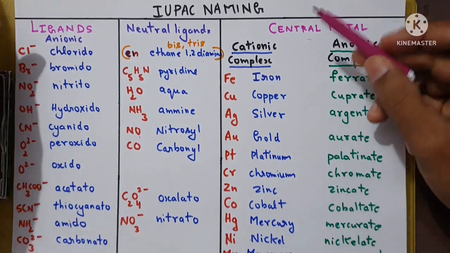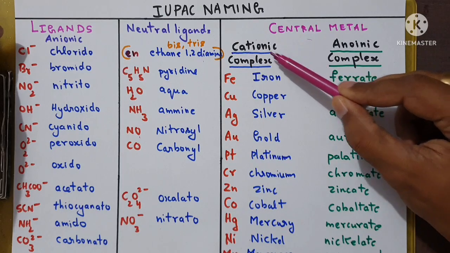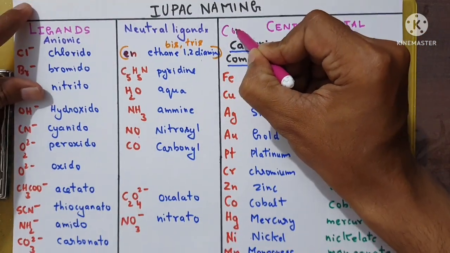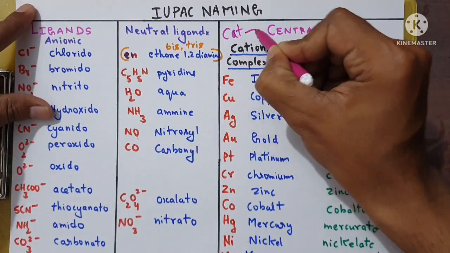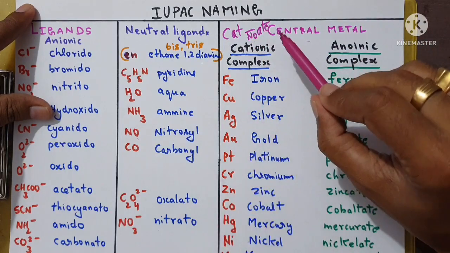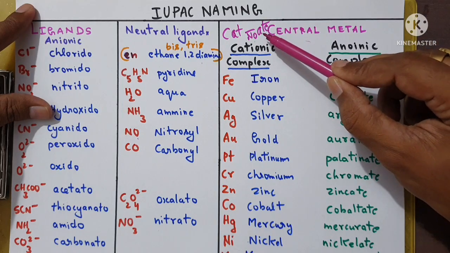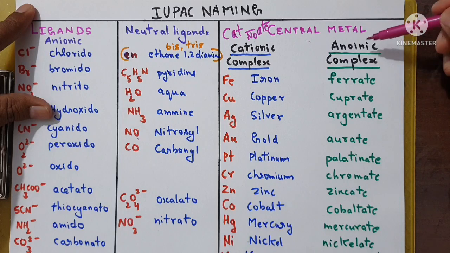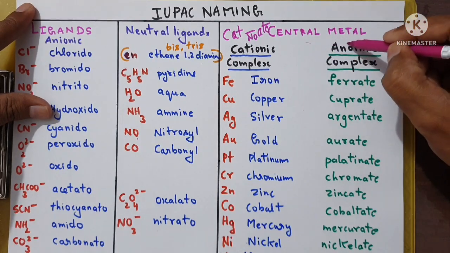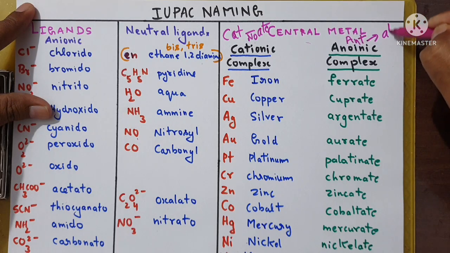You can observe here children, if the given complex is cationic, remember "cat, no ate". The central metal atom name should not end with ate. If it is anionic, remember "an, ate". Anionic always ends with ate.